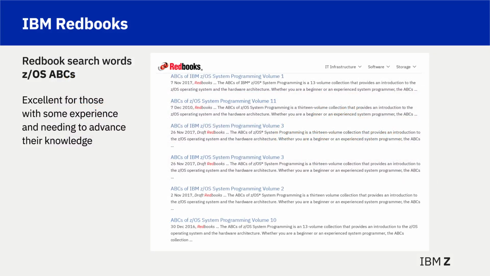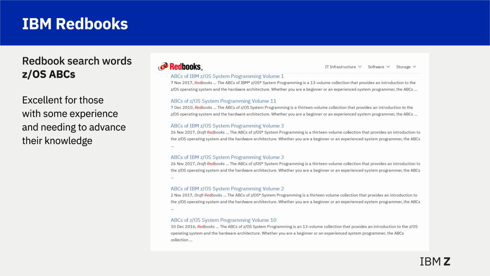You will eventually become aware of excellent Redbooks, such as the zOS ABCs volumes. The zOS ABCs are excellent Redbooks for those early in their zOS career or later in their zOS career with the need to learn a new technical discipline.